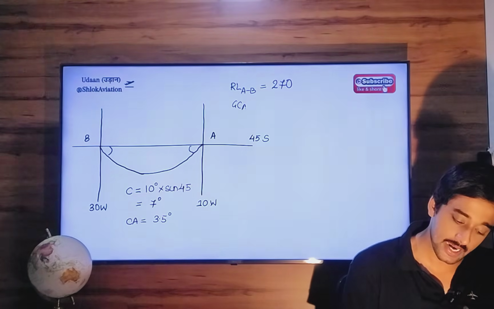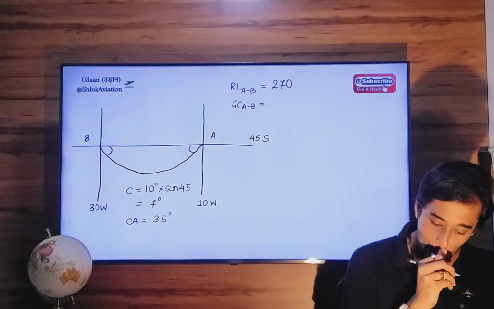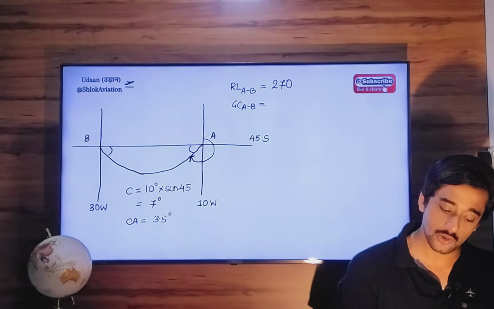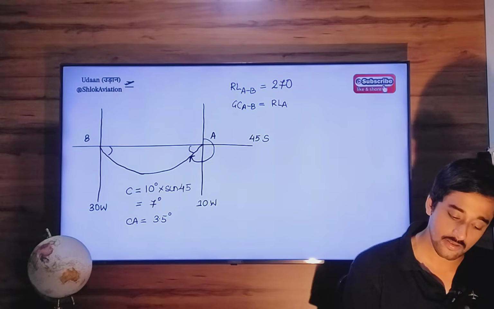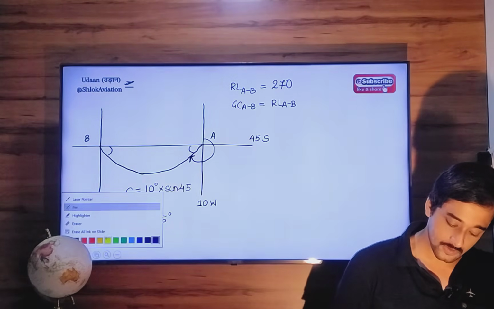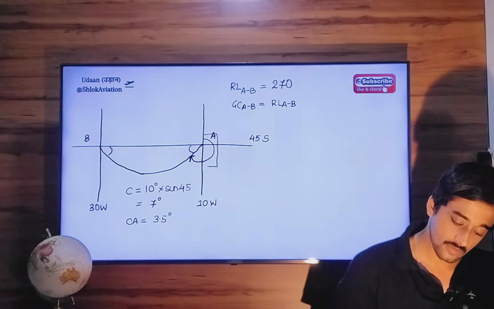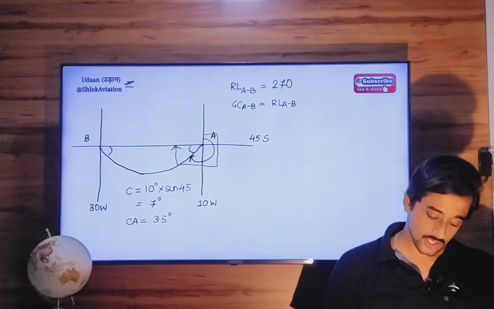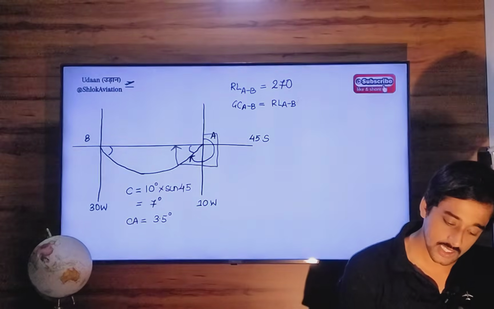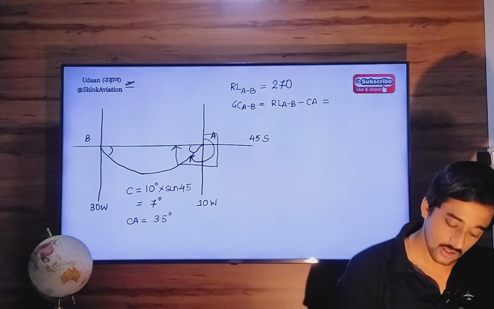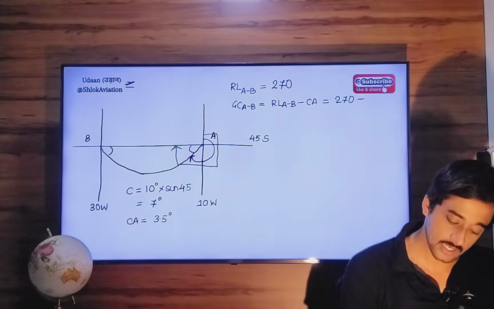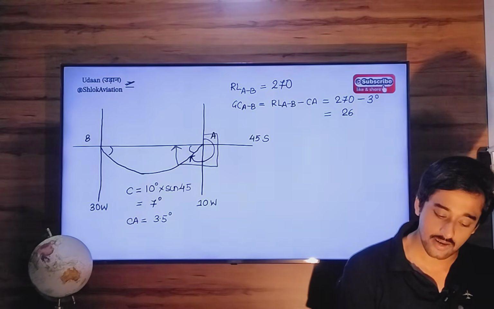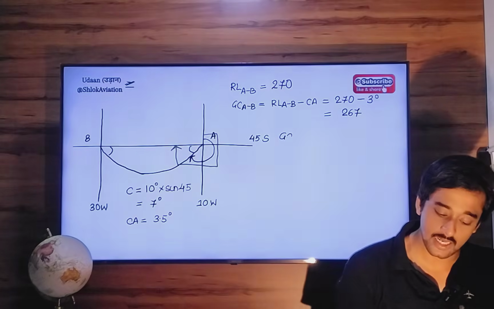Great circle track A to B is this much. So that will be equal to the rhumb line track A to B, this big value, minus this small value, convergency angle. So rhumb line track A to B minus convergency angle. So 270 minus 3 degrees, let's say 3 degrees. So 267. Now we have to find great circle at destination.